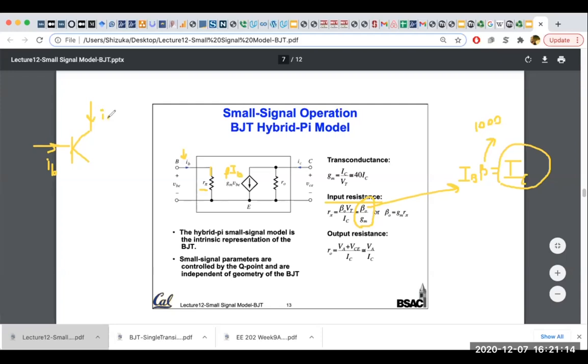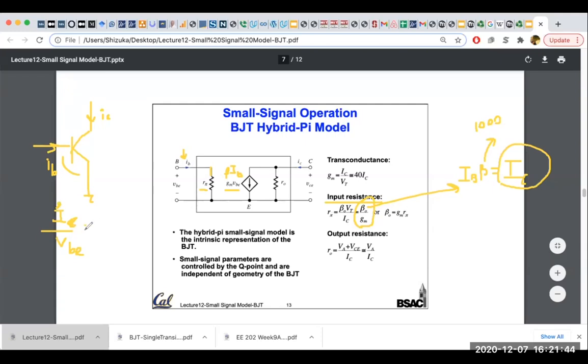Or, as it does here, gm VBE. You have a small signal VBE voltage, and gm is the transconductance. What is transconductance? Current divided by voltage. So here in this case, IC divided by VBE, small signal.